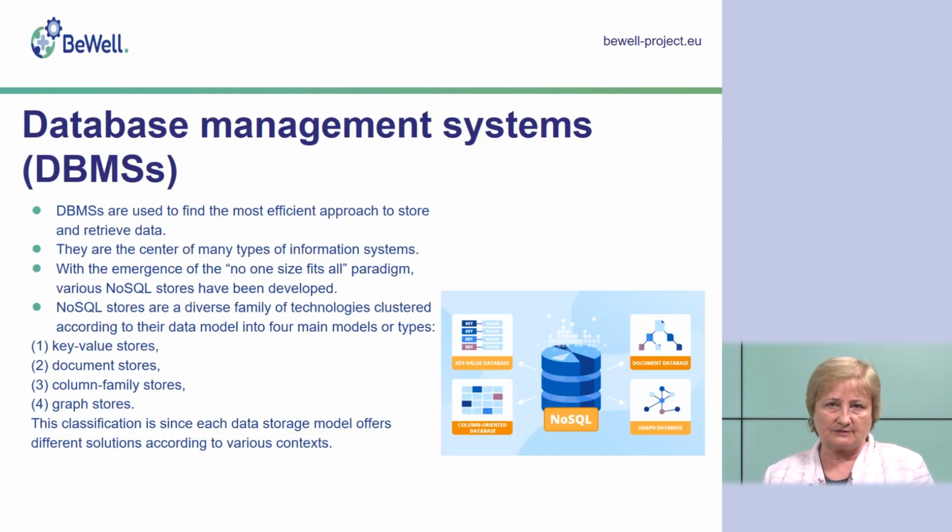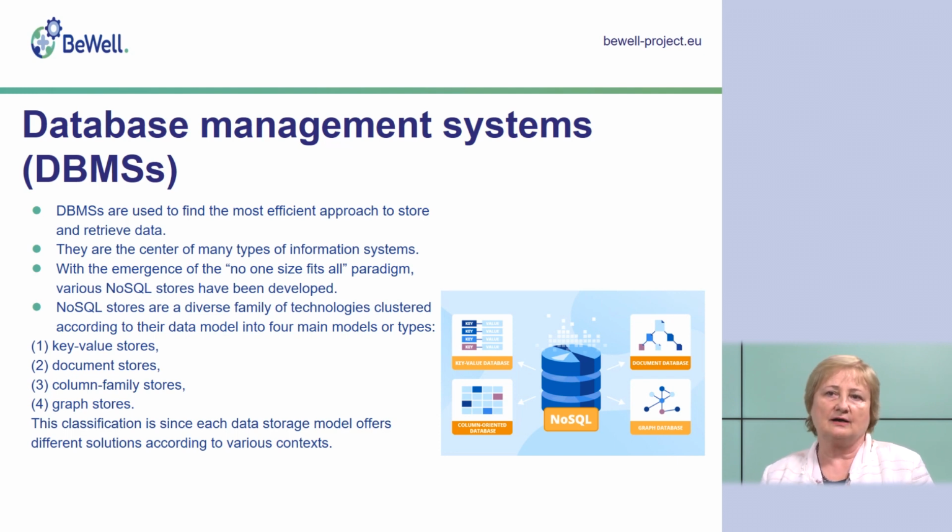Database management systems are used to find the most efficient approach to store and retrieve data. They are the center of many types of information systems. With the emergence of the no-one-size-fits-all paradigm, various database management systems, NoSQL stores, have been developed.